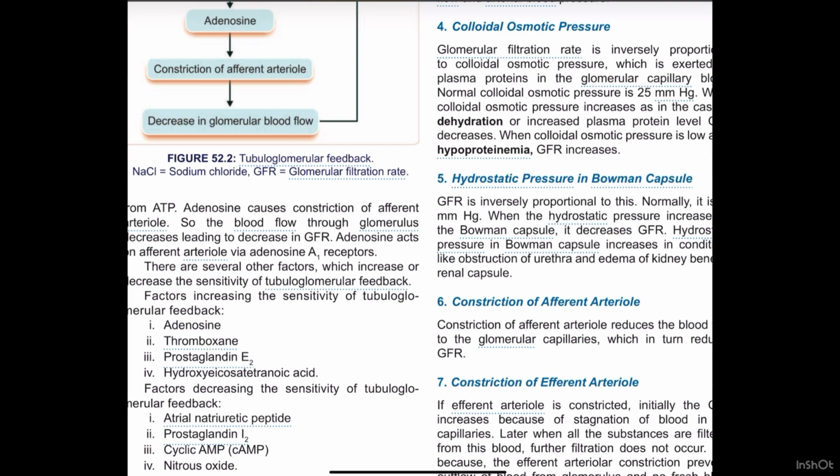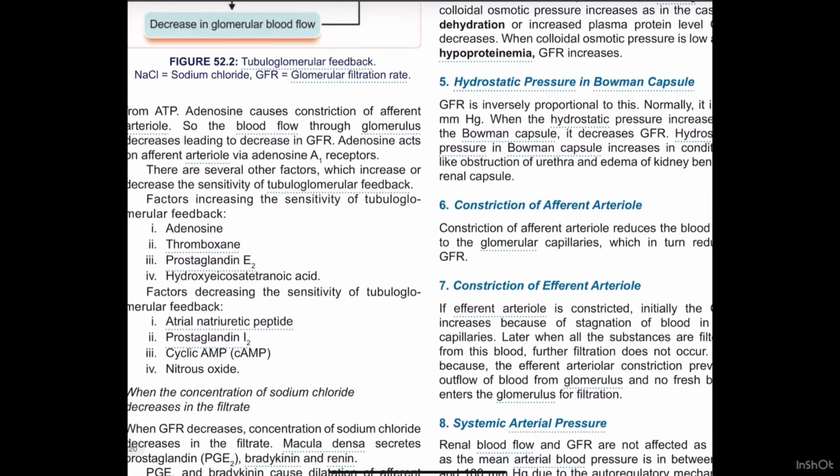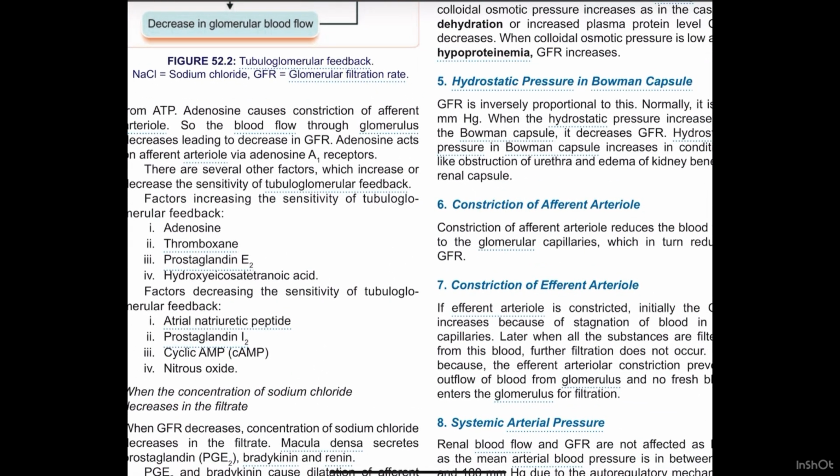There are several factors which increase or decrease the sensitivity of tubular feedback.